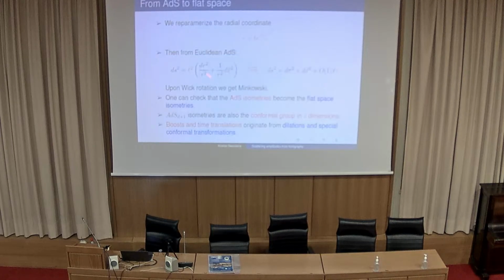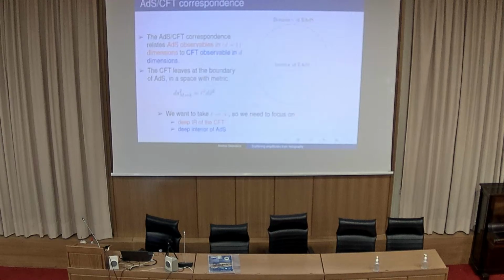In these coordinates, it lives in this part and has this length scale, L, appearing in front of it. So here we learn the first element of the dictionary. You want to take L to infinity. This means that we need to focus on the deep infrared of the CFT. And this also means you need to focus on the deep interior of AdS. So you recover the intuitive idea that Banks and Susskind had.